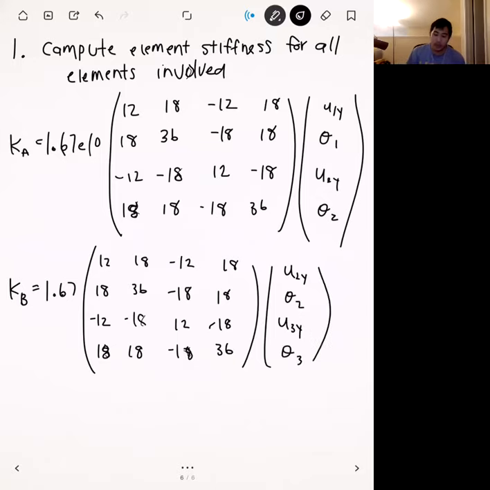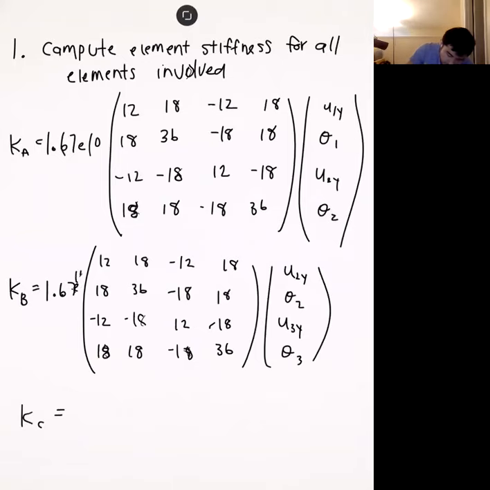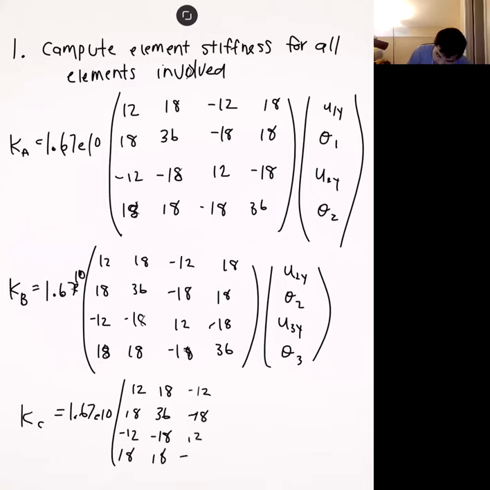Okay. And then Kc is going to be the same thing. And so Kc, just for the sake of completeness, let me go ahead and write it all down again. Right. Oh, this is 1.67E10. Right. So we have 1.67E10 times 12, 18, minus 12, 18, 18, 36, minus 18, 18, minus 12, minus 18, 12, minus 18, 18, 18, minus 18, 36.